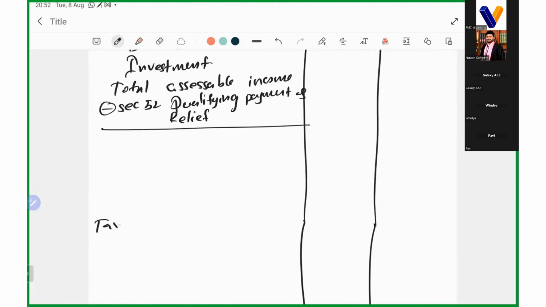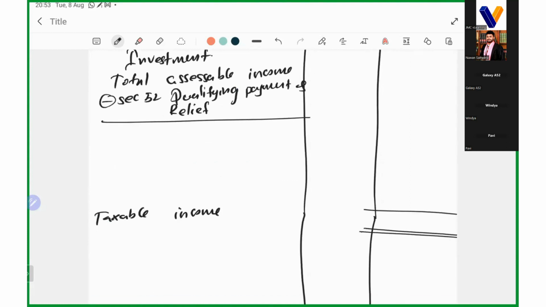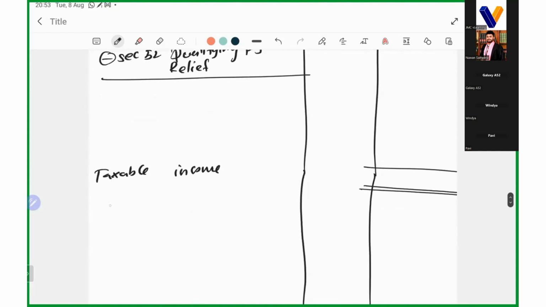Then you can calculate the taxable income. Then tax credit.